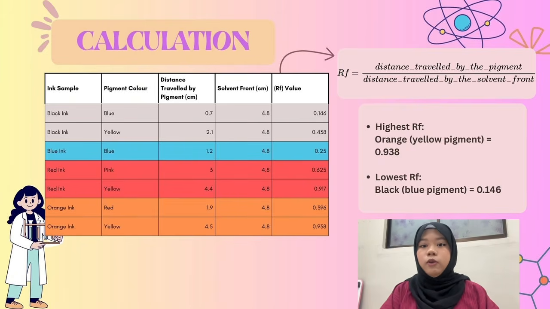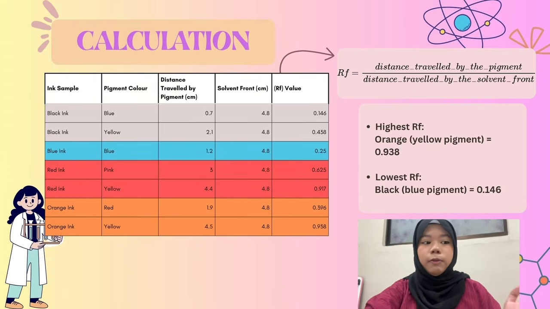The RF value was calculated by dividing the distance traveled by the solute by the distance traveled by the solvent front, which was 4.8 centimeters. First, the blue pigment from the black ink was calculated to be 0.146, while the yellow pigment from black ink was 0.438.